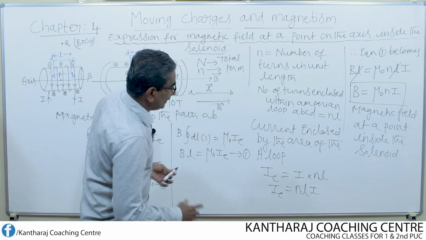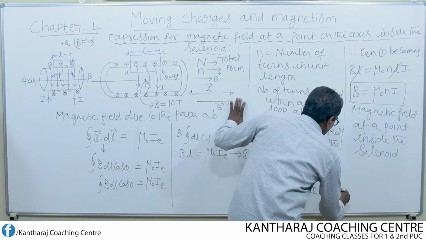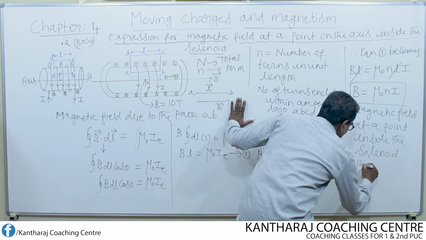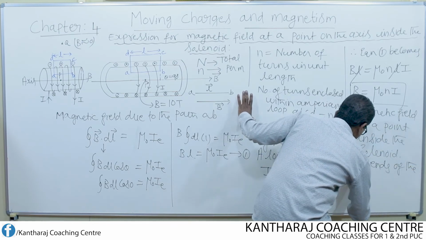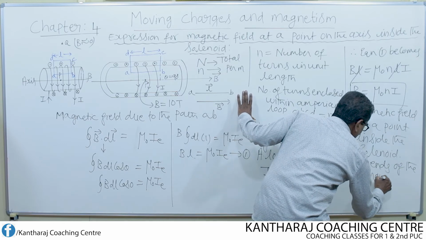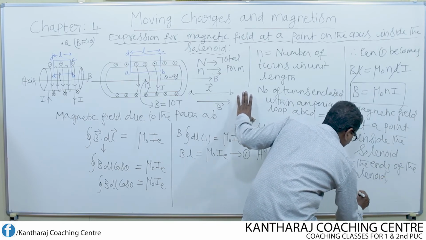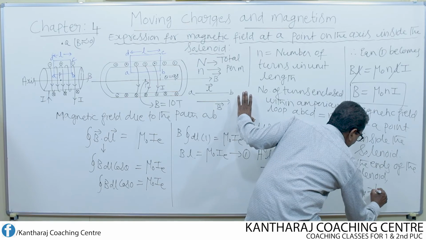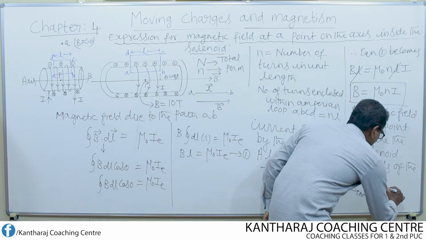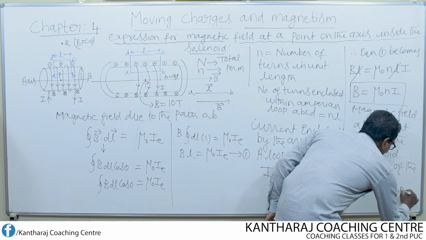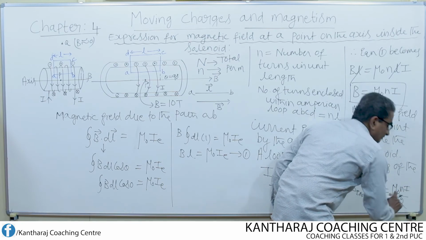Let us write that here: at the ends of the solenoid, the magnetic field is given by B end equal to B by 2. B by 2 means mu naught Ni divided by 2.